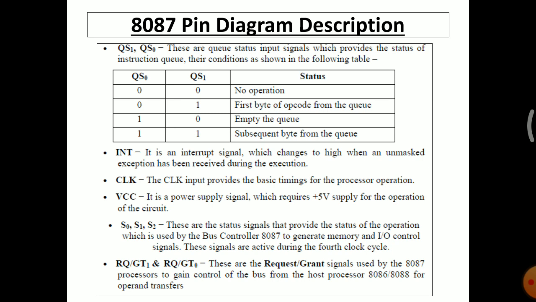And if the values on QS0 and QS1 are 1, 1, it indicates that the subsequent byte from the queue has to be fetched. Whichever byte in the queue its turn is, that subsequent byte has to be fetched. So that is all about the pin diagram explanation of the 8087 math coprocessor.